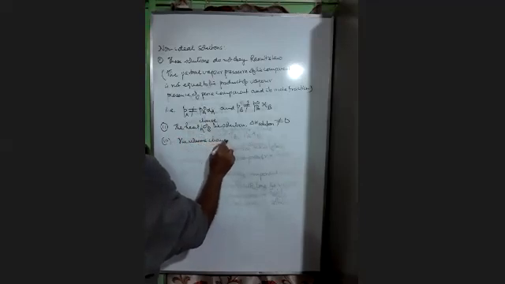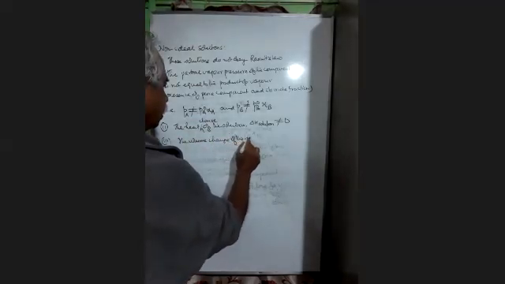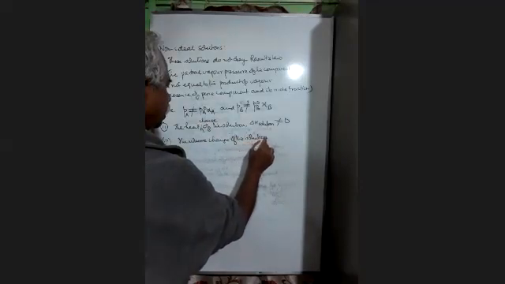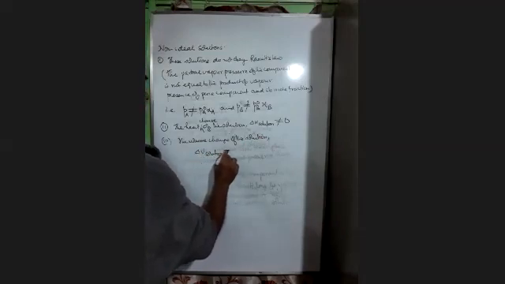The volume change of the solution, delta V solution, is not 0. It can be, as I told you, 30 plus 70. It may not be 100. It may be less than that or it may be more than that. So these are the conditions for non-ideal solutions.